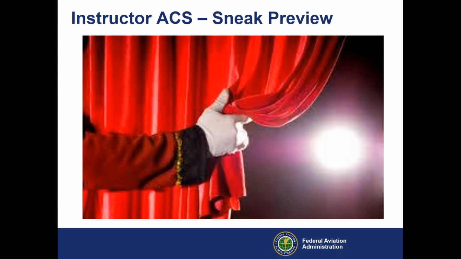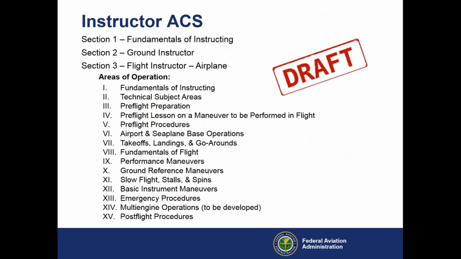And here is a quick look at the instructor ACS, at least some of what is completed to this point. Section 1 will be the fundamentals of instructing. Section 2 is for ground instructor. Section 3 is flight instructor airplane. As you can see, there are 15 areas of operation, which is 4 more areas of operation than are found in the private, instrument, and commercial ACS.